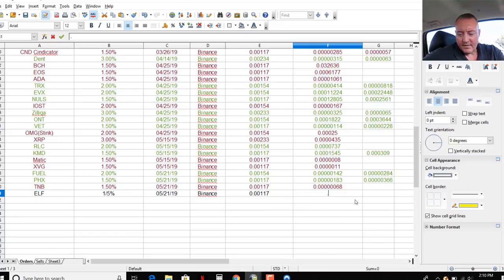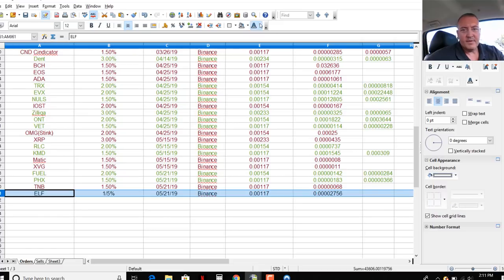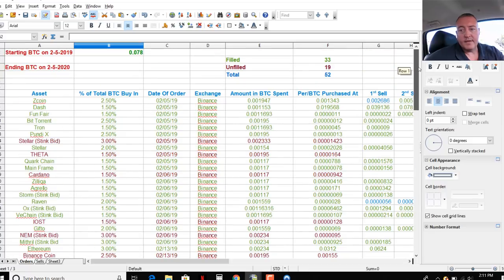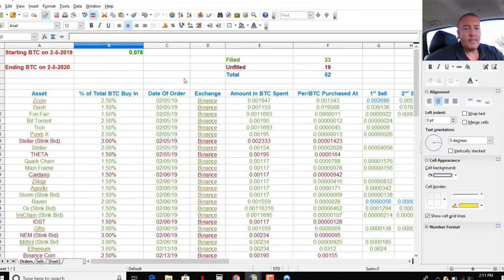That way, all you got to do is open the sheet up, and then go ahead and look. I'll log in every couple of days to see if an order was filled. If so, I'll go ahead and put my sell order in, and pretty much other than that, it's set and forget, guys, which is kind of how I like it.